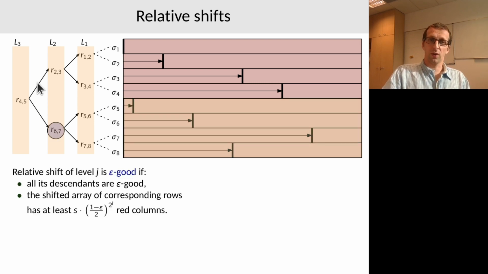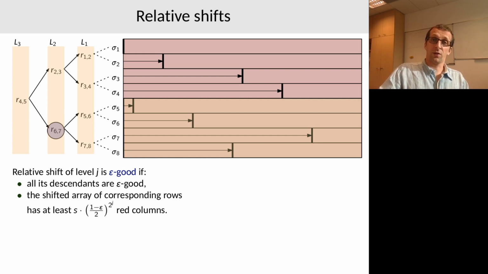If we take a node of level j, we say that the labeling is epsilon good for this node, if first, all its descendants are epsilon good, in this case those two nodes, and second, if we take the array of rows corresponding to that node and all its descendants, in this case that would be these 4 rows, and we shift that subarray according to the relative shifts of the subtree, then it would contain a large number of red columns.